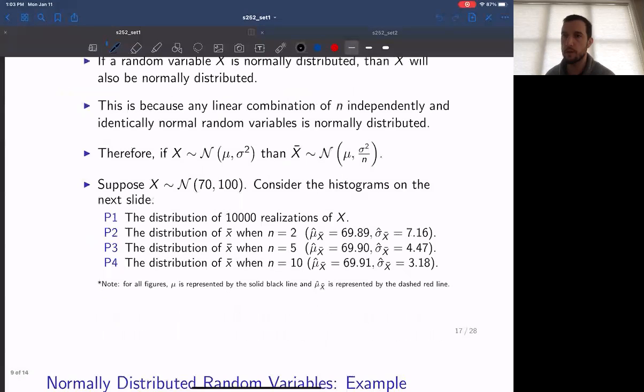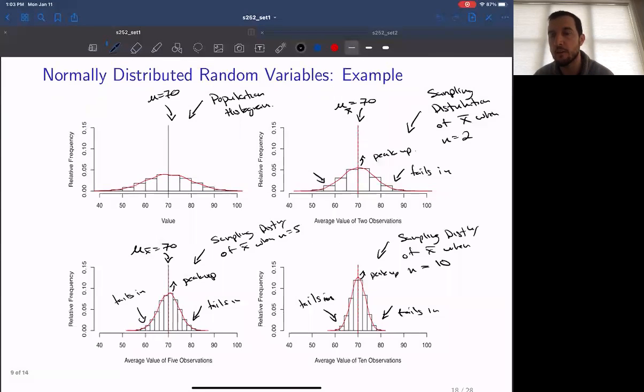Now, visually, the effect of increasing sample size is that the sample mean becomes a more precise estimate. The 4 histograms shown on slide 18 are meant to represent this idea. In the first histogram, you have the distribution of the population. And then in the second, third, and fourth histogram, you have the distribution of X bar as sample size goes up.